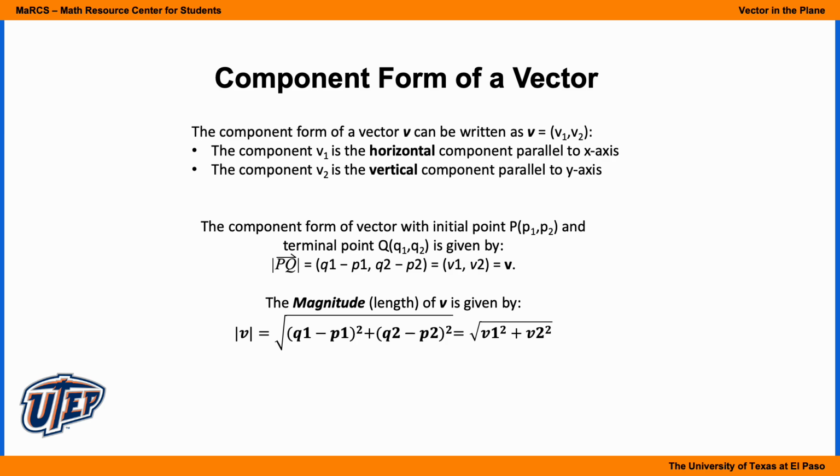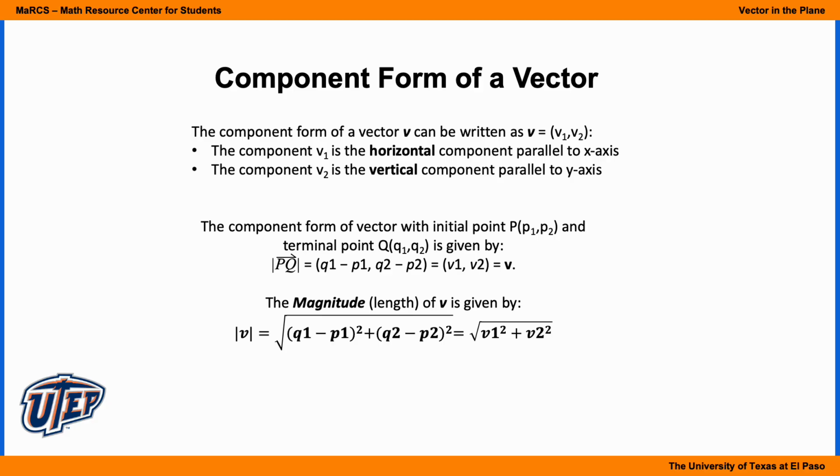The component form of a vector with the initial point P and terminal point Q is given by: the horizontal component is the difference between the last and the first point, so q1 minus p1, and the vertical component is the difference between the last and the first point in the vertical portion, so q2 minus p2, and that'll give us v1, v2.